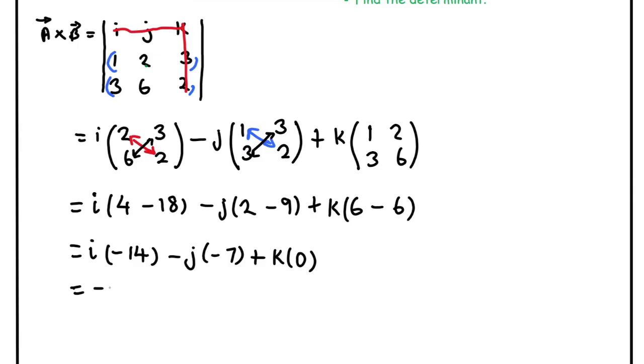Finally, this gives us negative 14i, then this is negative 7 and negative j, so that's plus 7j, and this is 0 times k, so that would just be 0. We can leave it out. So this is our determinant, and it is the cross product of the vectors a times b.